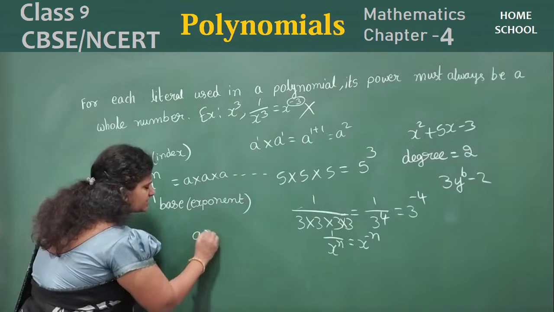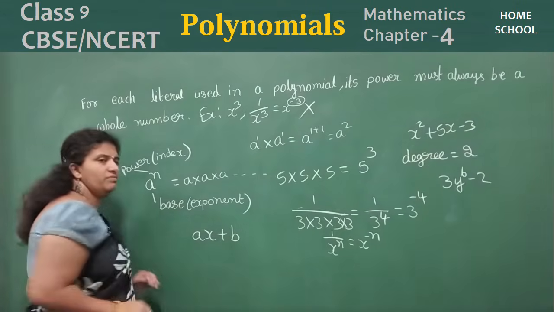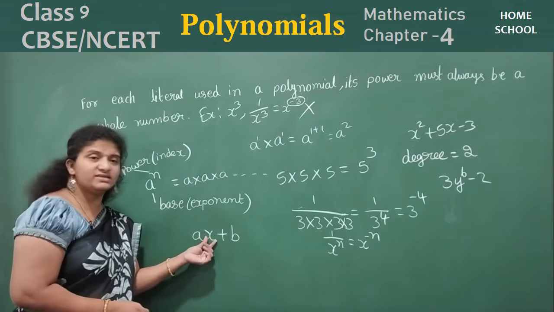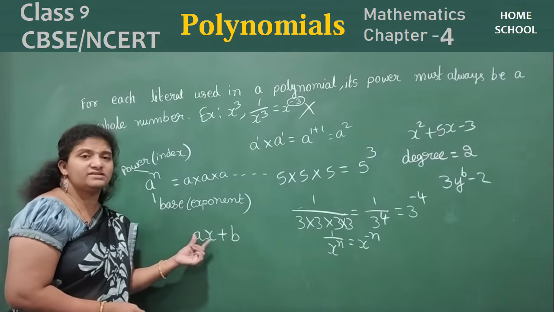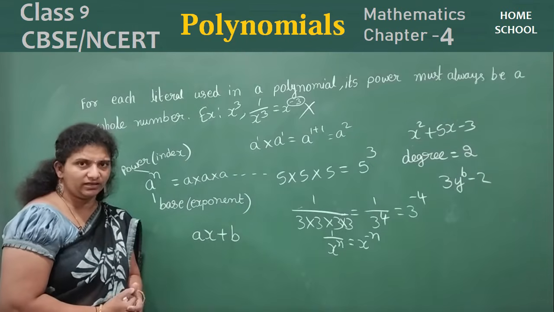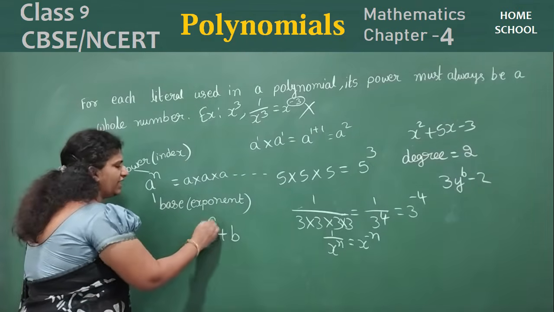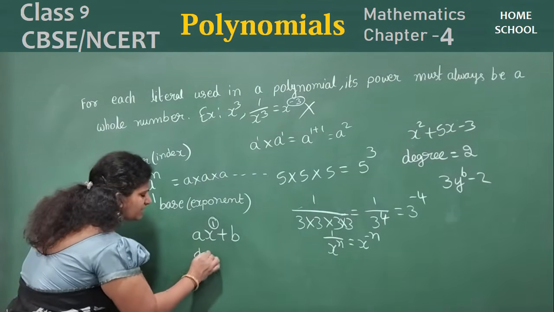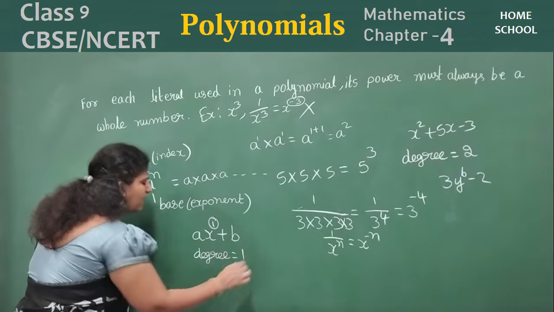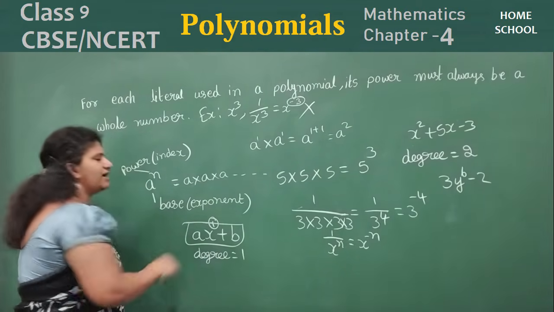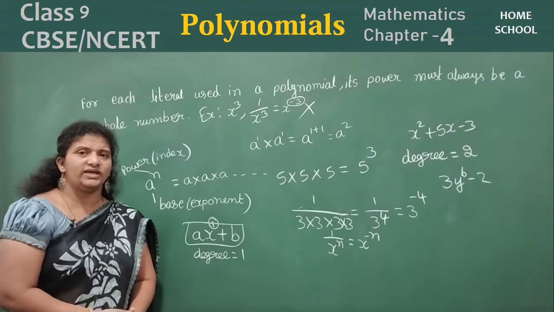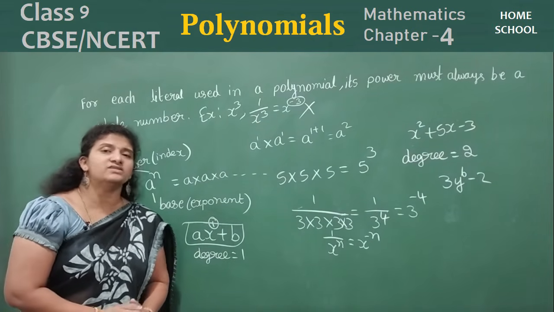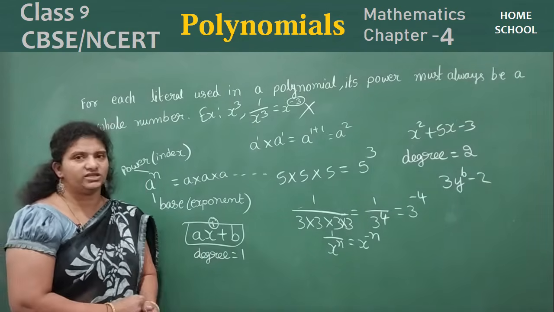Similarly, if I ask you ax plus b, where b is a constant, x is a variable and a is a numerical coefficient, what is the highest degree there? Nothing written means it is 1. Therefore, the degree is equal to 1. And this is also called a linear equation. Any equation whose highest degree is 1 is called a linear equation.